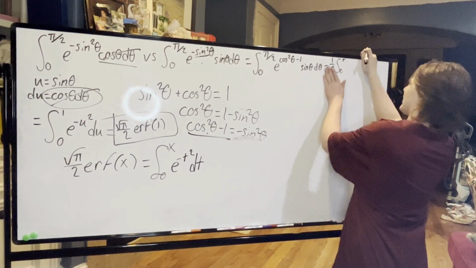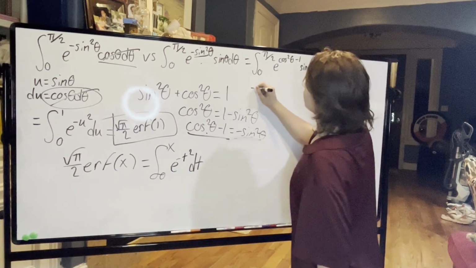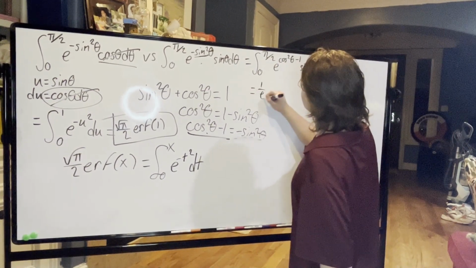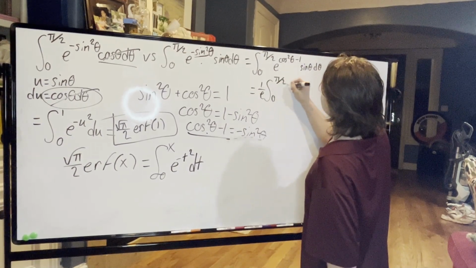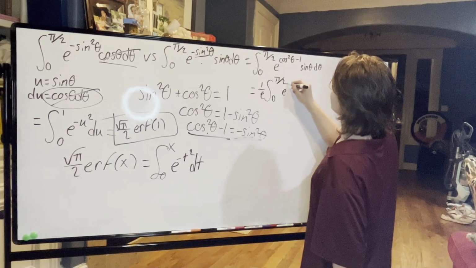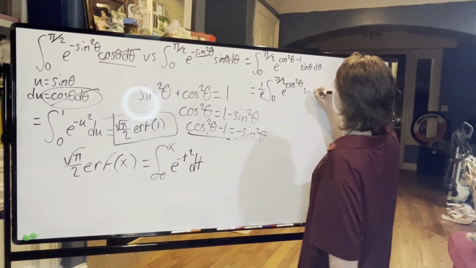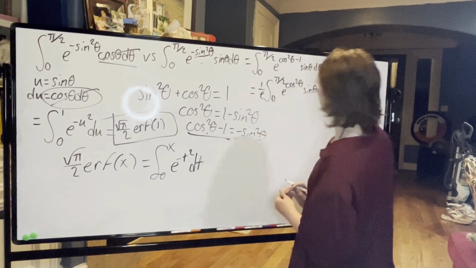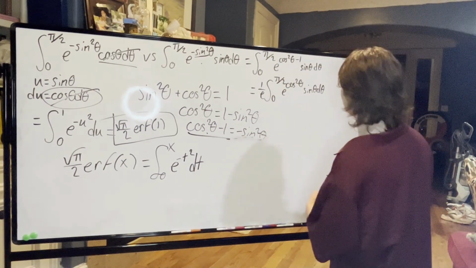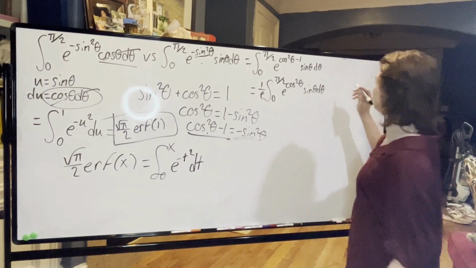Why am I writing it so small? And so this is going to give us 1 over e times the integral from 0 to pi over 2 of e to the cosine squared of theta times sine of theta d theta. Now we can use the u sub because we have cosine and sine. They're best friends in integration.